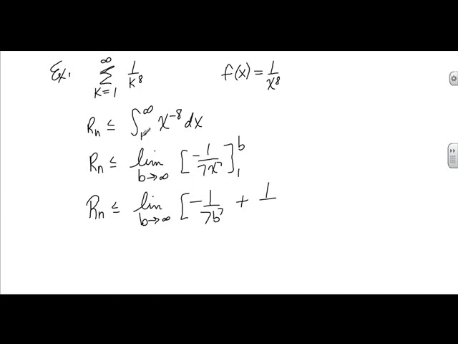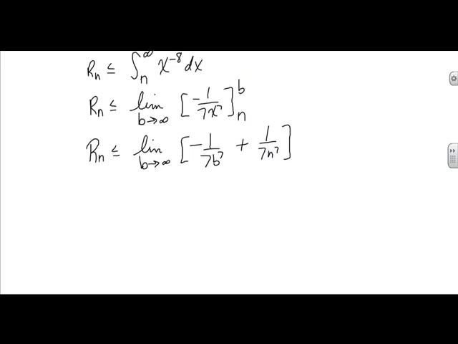Now the kind of thing that you're going to see that you need to do with that is to figure out how many terms you have to have in your partial sum to have the amount of error, to have the remainder be less than or equal to a certain value. So in this example, we want our remainder to be less than or equal to 10 to the minus 3rd power.